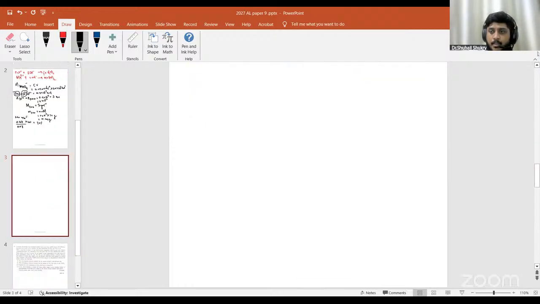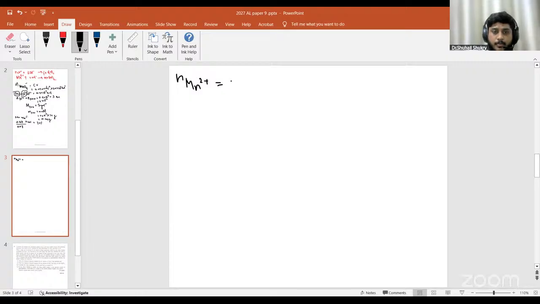So the number of moles of Mn2+ will be the same, 0.4 into 10 to the minus 3 mole.